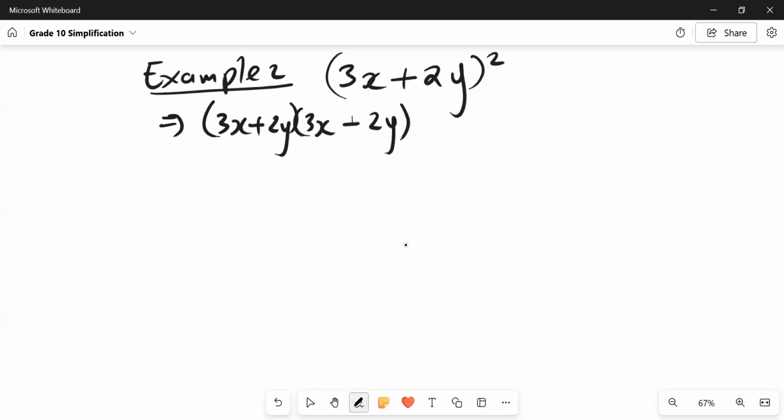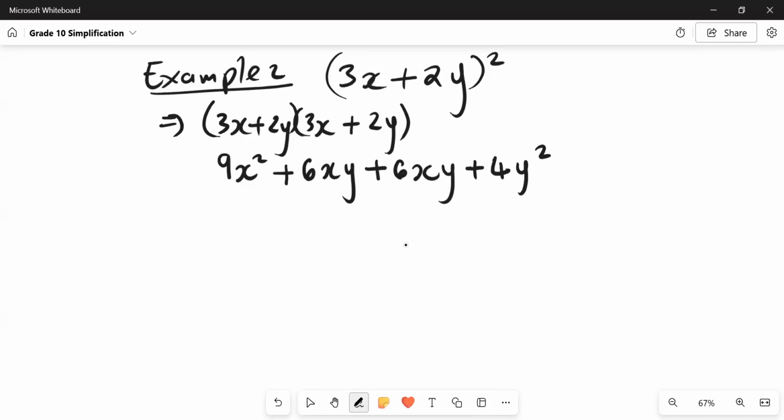Now we have to multiply, right? 3x times 3x, that's 9x squared. 3x times 2y, that's plus 6xy. Again, 3x times 2y, that's plus 6xy. And then the last one's 2y times 2y, that's 4y squared, right?